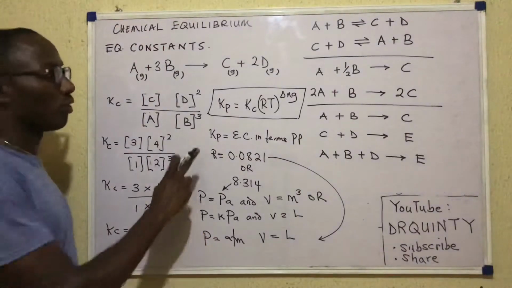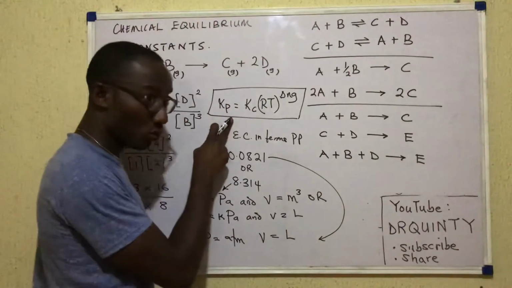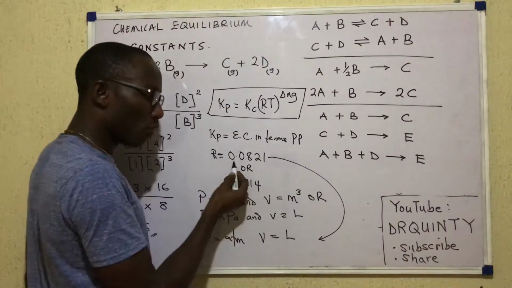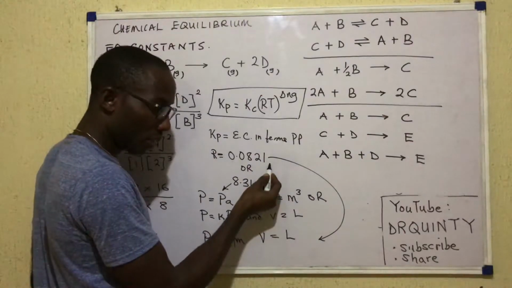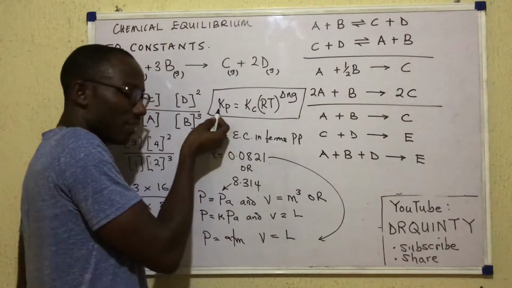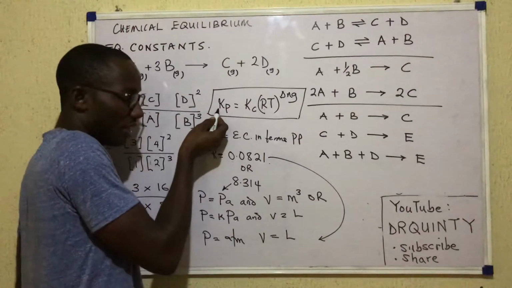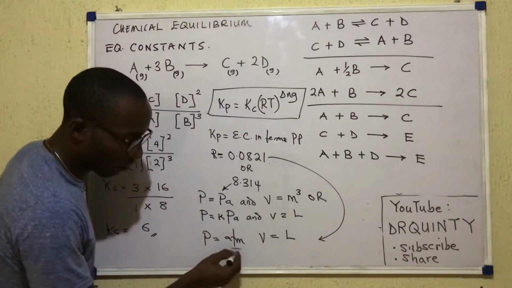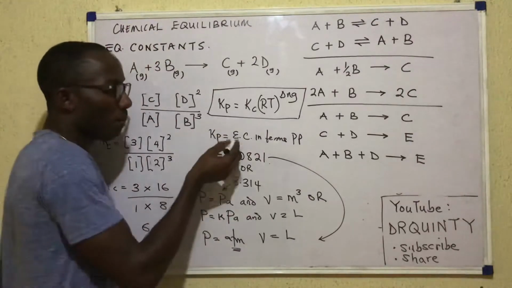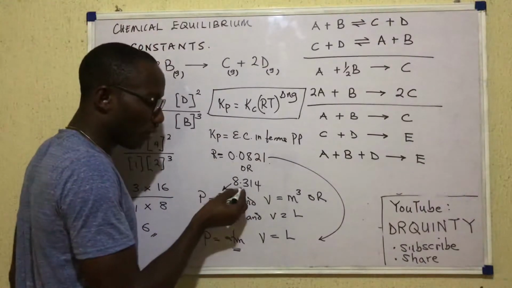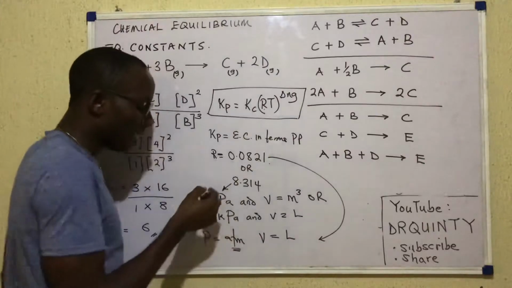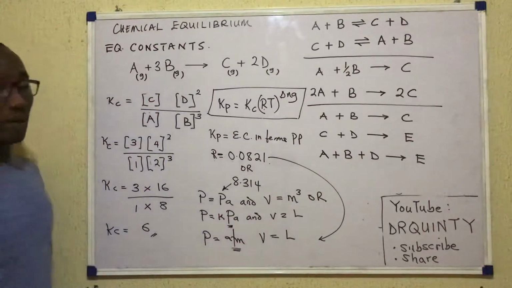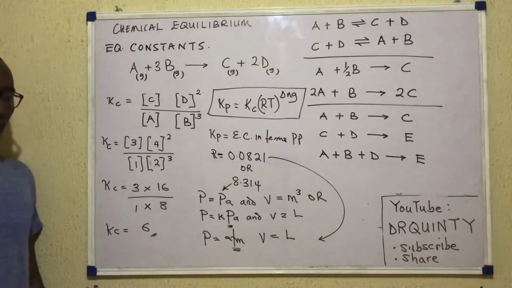It means that for this calculation I'm about to do now, if I put R as 0.0821, the Kp I'll be getting here will be in the value of atmospheres. But if I put my R as 8.314 here, then the pressure I'll be getting would be in kilopascals. So my Kp would reflect kilopascals.